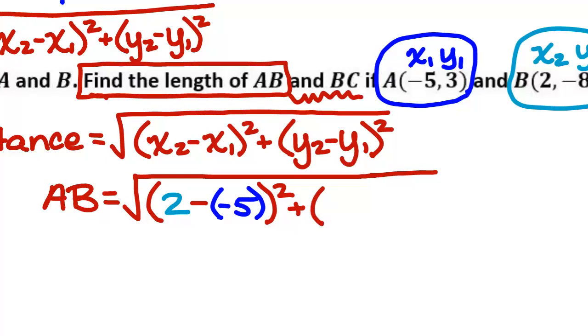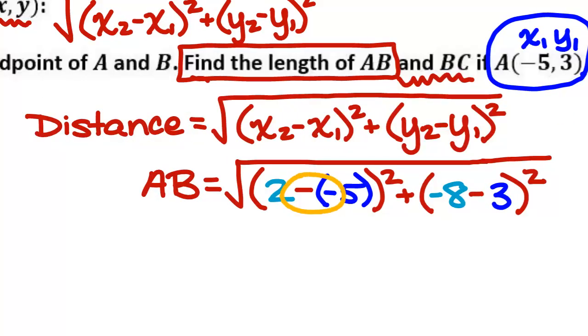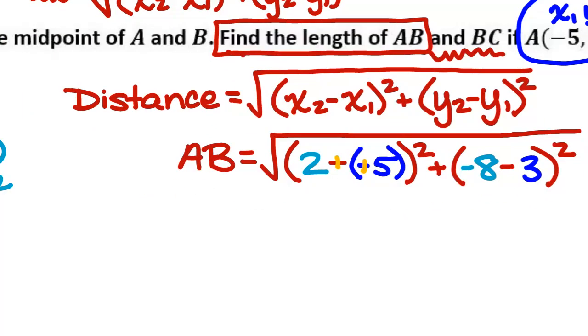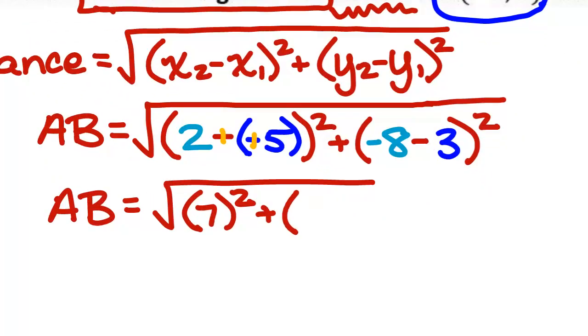Plus, and now I need y2. Negative 8 minus y1, 3. Close my parentheses and square it. Whenever I subtract a negative like this, it turns into pluses. So that is 2 plus 5, which is what? 7. So inside parentheses, I have 7 squared plus, what goes in the other parentheses? Negative 11.